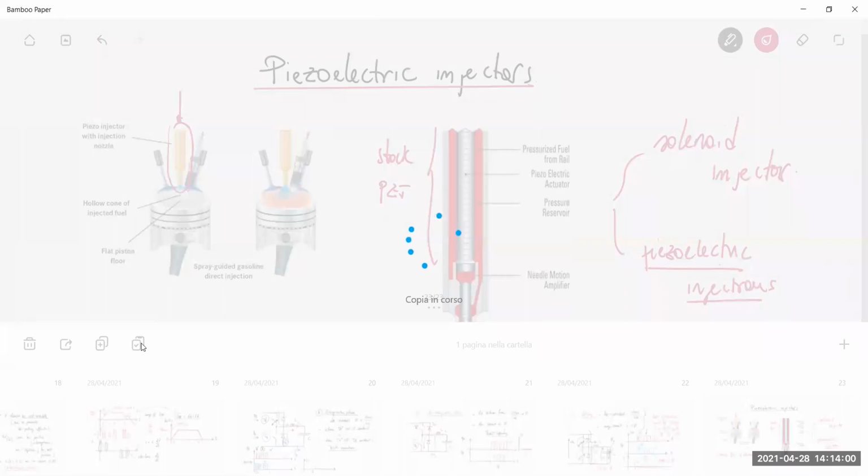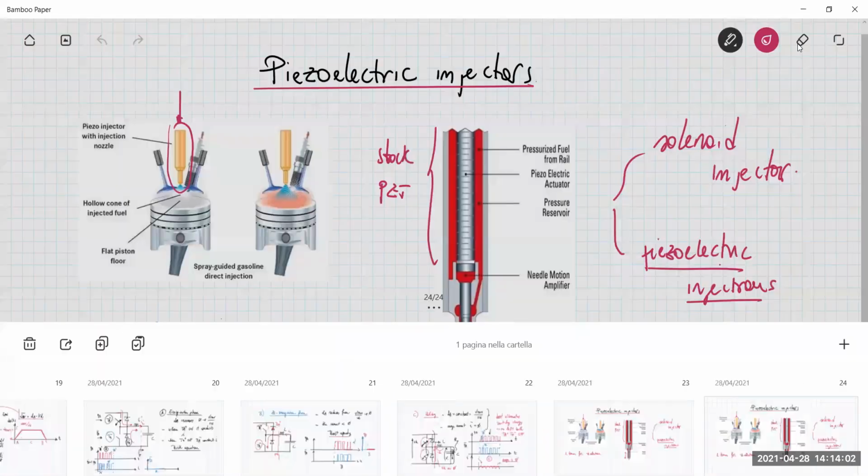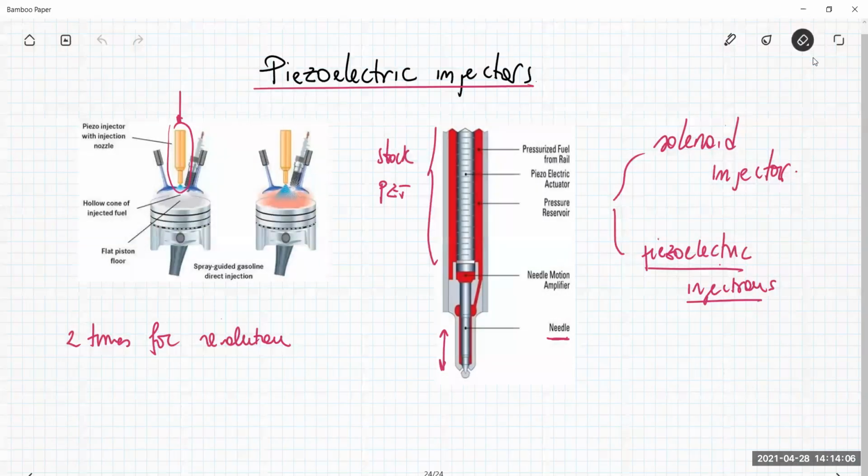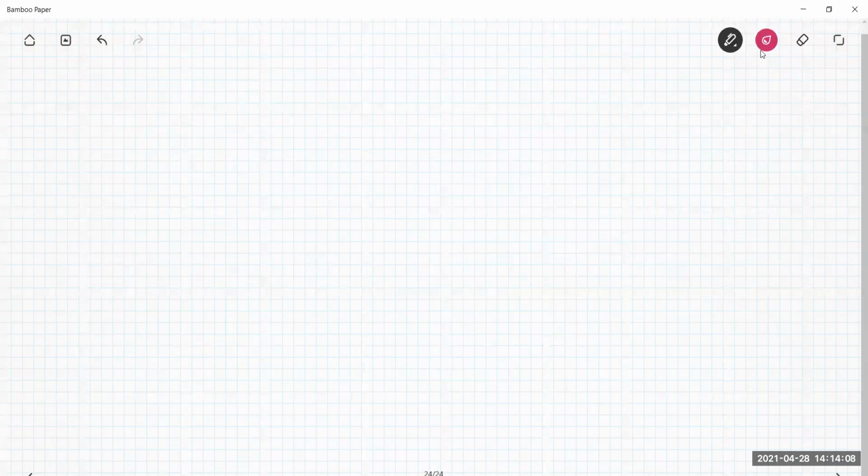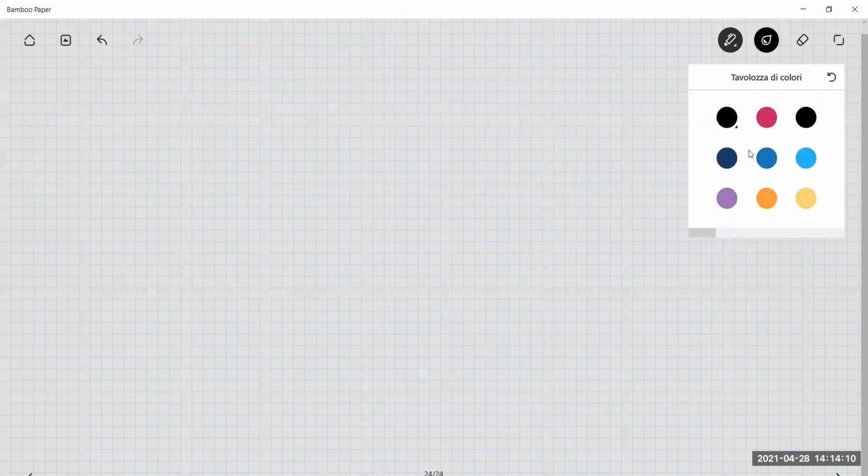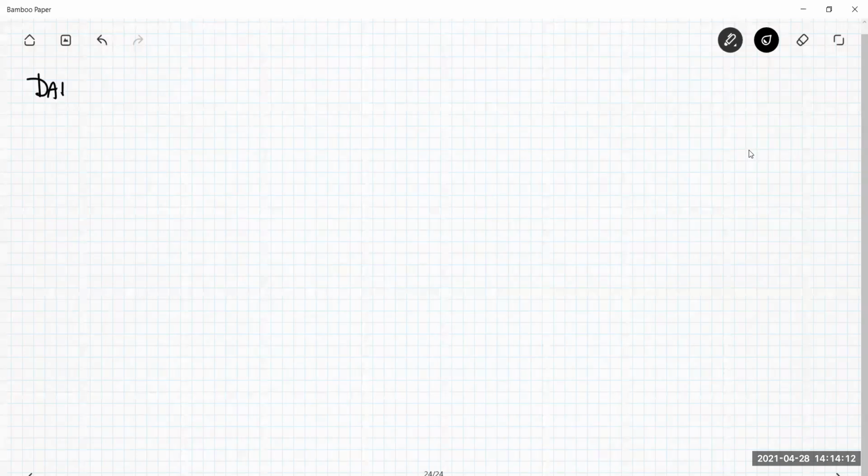Let me copy this page. Here it is. The data are the following.